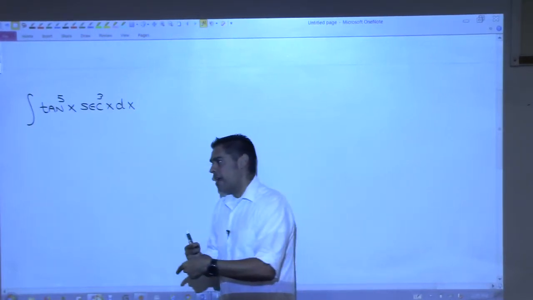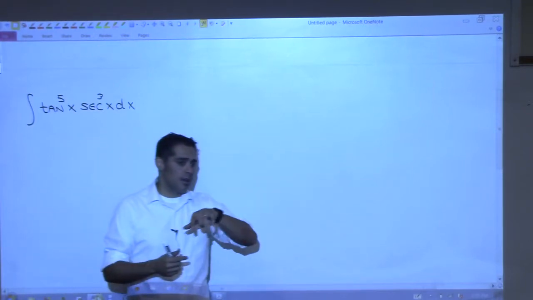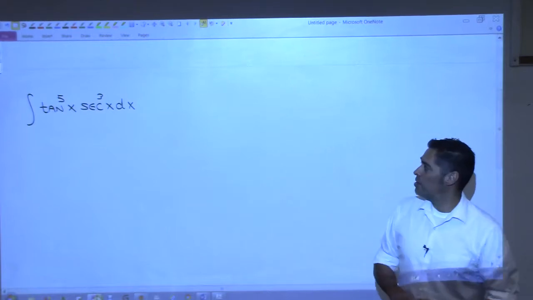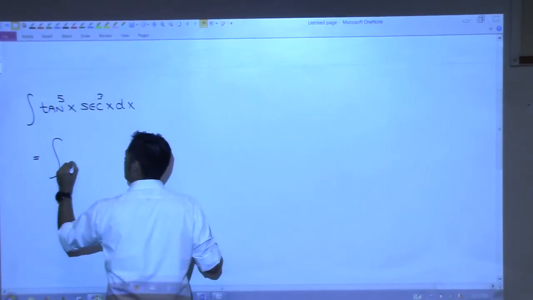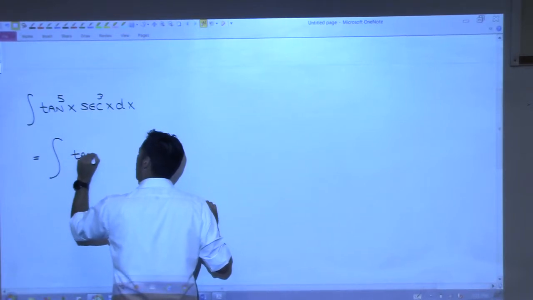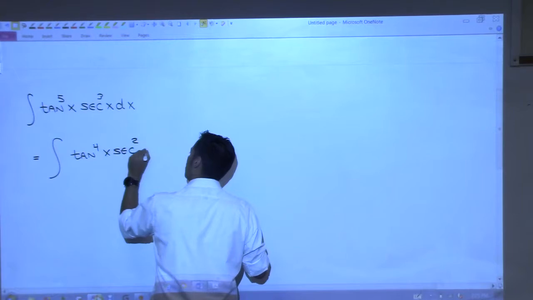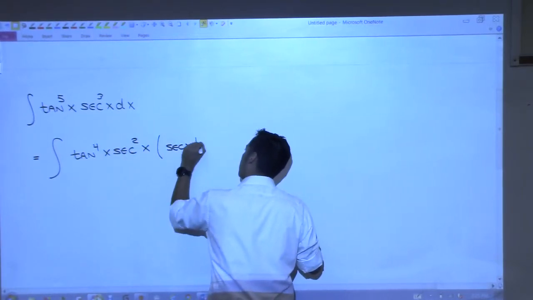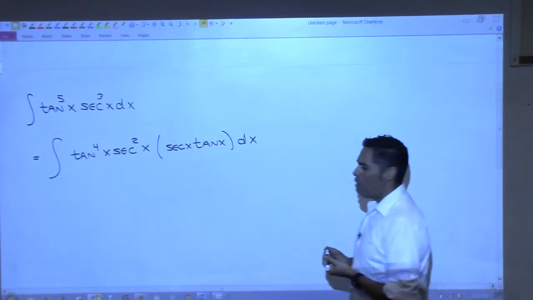The other thing we could have is have u be secant, and the derivative would be secant tangent, right? So why don't we pull, or peel, off one factor of tangent and one factor of secant? Do you see why I'd want to do that?